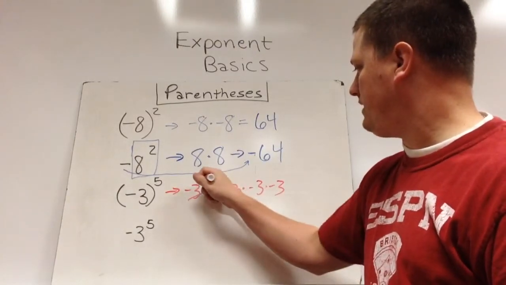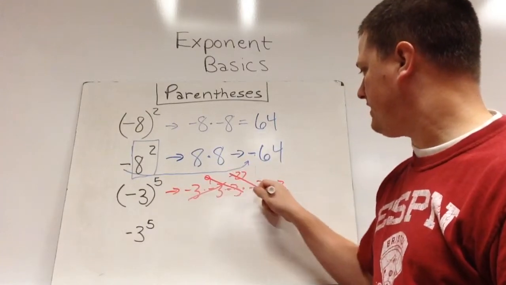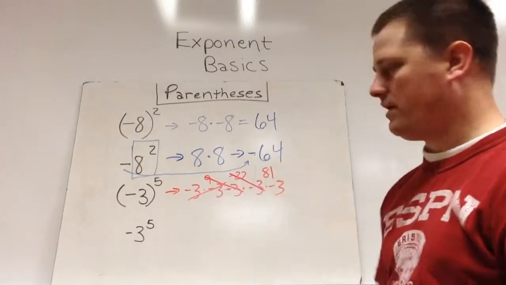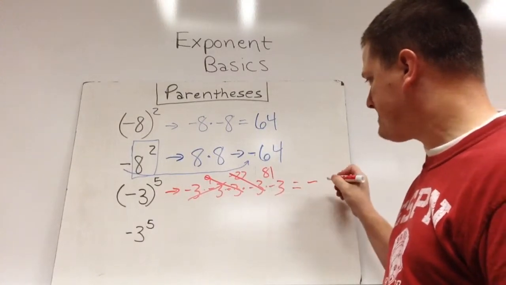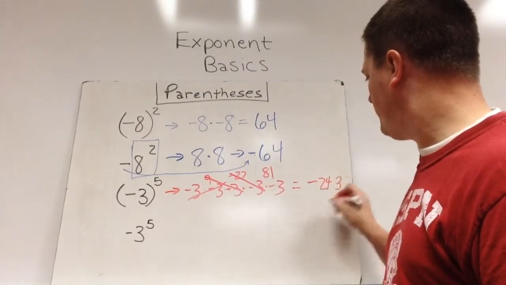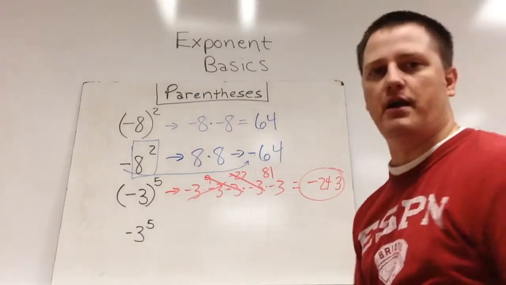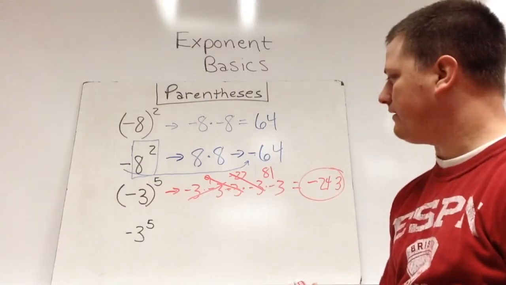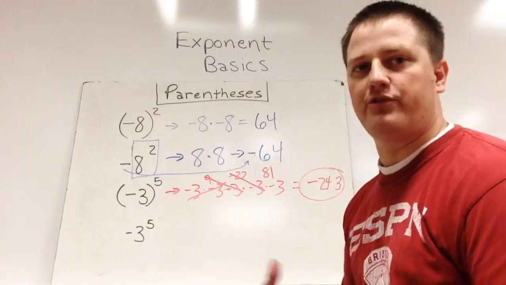Times -3 makes -27. Times -3 makes positive 81. Times -3 makes -243. So we just keep going with our negatives, use our multiplication rules as we know them.